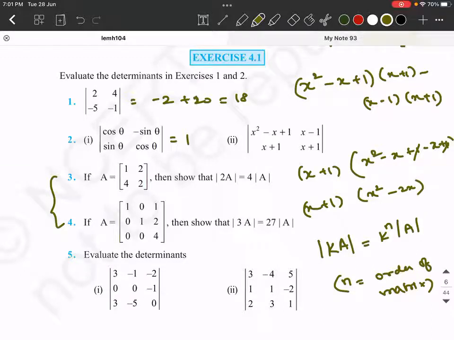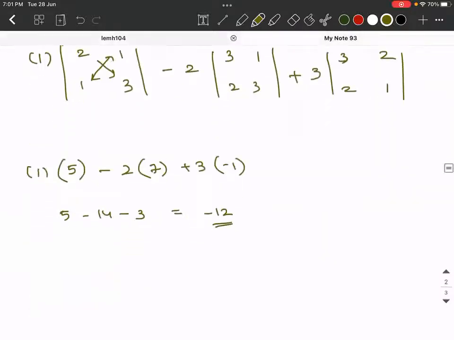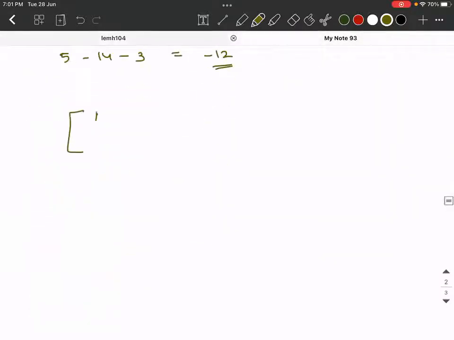It's simple. Listen. If I have a square matrix of values 1, 2, 3, 4, what is the determinant of this? So minus 2. Okay, so this is A. If suppose I make this as 3 times A, then what will happen to it?